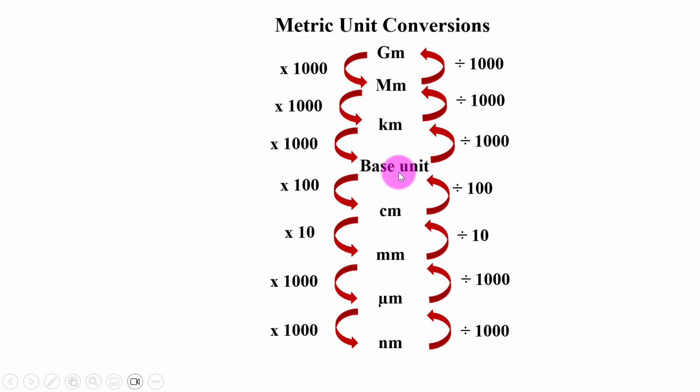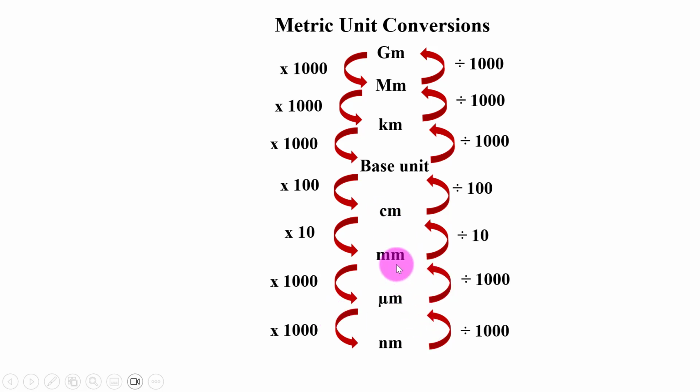So 1 meter has 100 times 10 times 1,000 micrometers, or 1,000,000 micrometers. How many millimeters are in a centimeter? 1 centimeter has 10 millimeters. How many micrometers are in a centimeter? There are 10 times 1,000, or 10,000 micrometers in 1 centimeter.